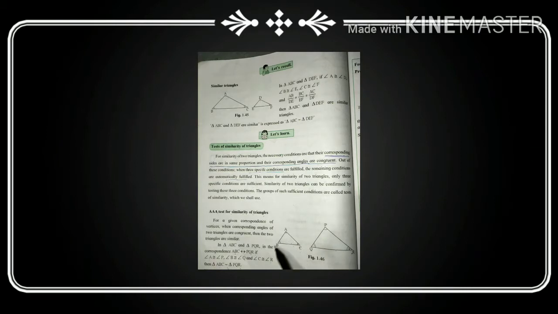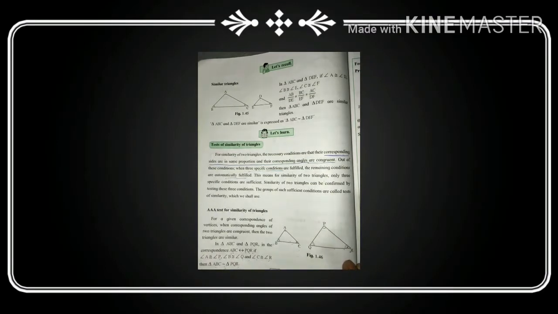Actually, triangle ABC is one triangle and triangle PQR is another triangle, and in these two triangles the vertices ABC correspond to the vertices PQR, and they will be written here: ABC corresponds to PQR. Hence angle A is congruent to angle P, angle B is congruent to angle Q, and angle C is congruent to angle R, and then the first triangle ABC is similar to triangle PQR.